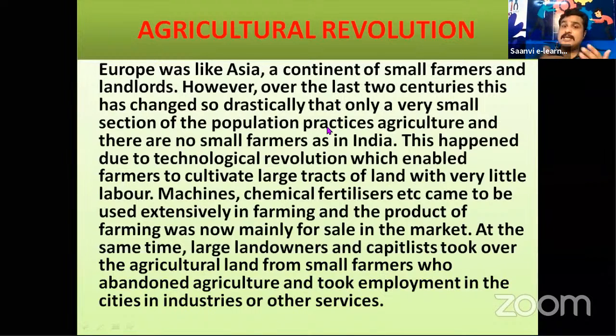Because of this technology, we can say in India also some changes we can see, because where 10 persons were needed, 1 or 2 persons are enough. Machines do that. This happens due to the technological revolution, which enables farmers to cultivate large tracts of land with very little labor. Machines and chemical fertilizers came to be used extensively in farming, and the product of farming was mainly for sale in the market.